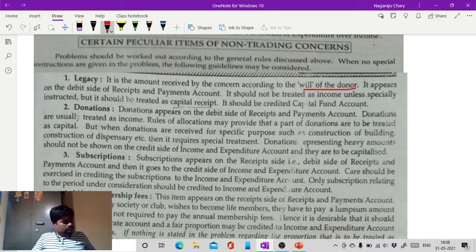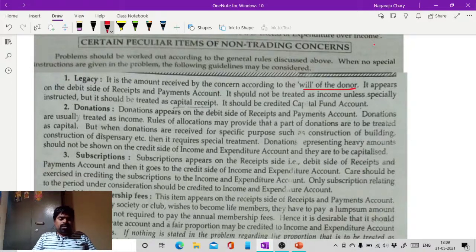The donor is willing to contribute something, willing to donate something, so that is to be received by the organization. It appears on the debit side of receipts and payments account. It should not be treated as income unless specially instructed, but it should be treated as capital receipt. It should be credited to capital fund account.